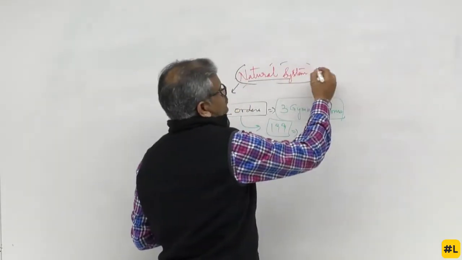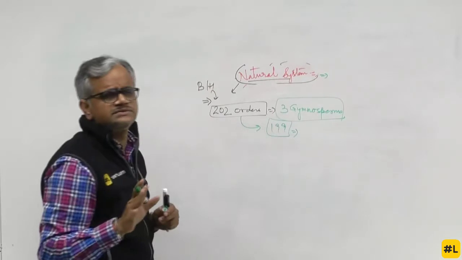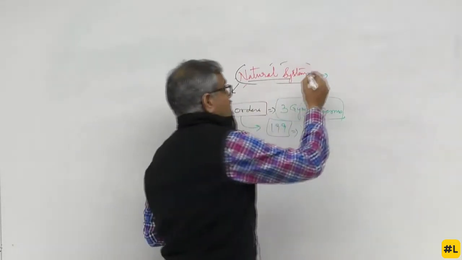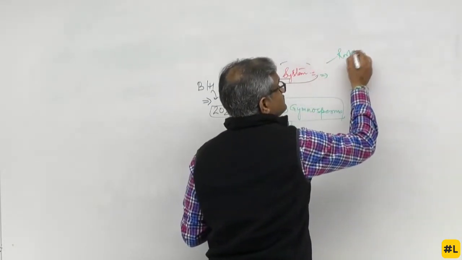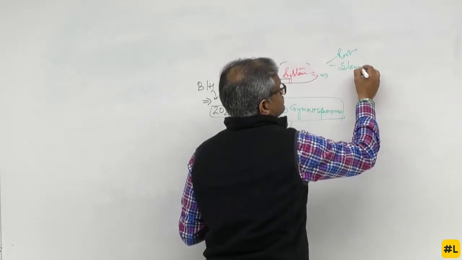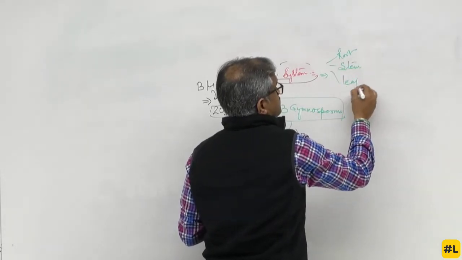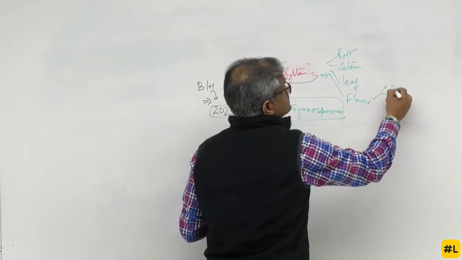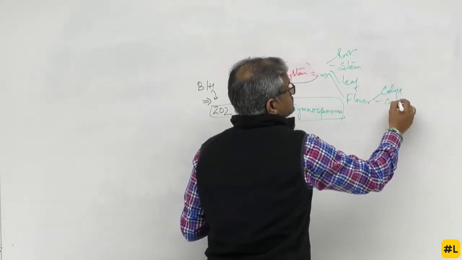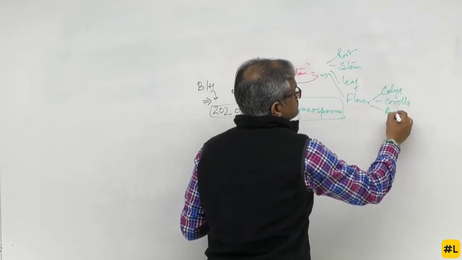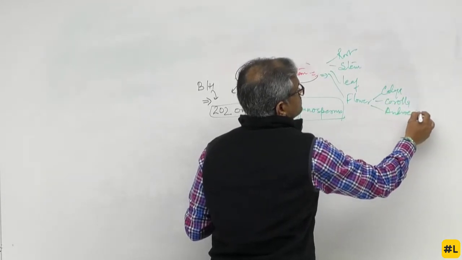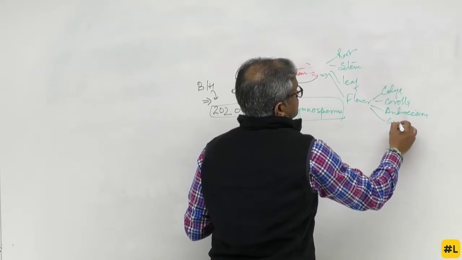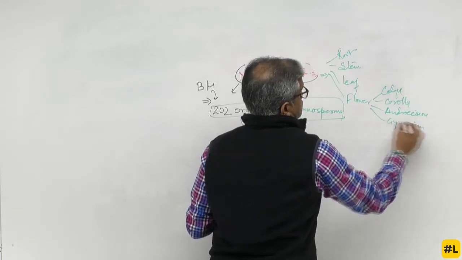the unique thing is, he has taken all the external appearance. Sir, what all? Root, stem, leaf, flower, in flower calyx, corolla, androecium, gynoecium, fruit.